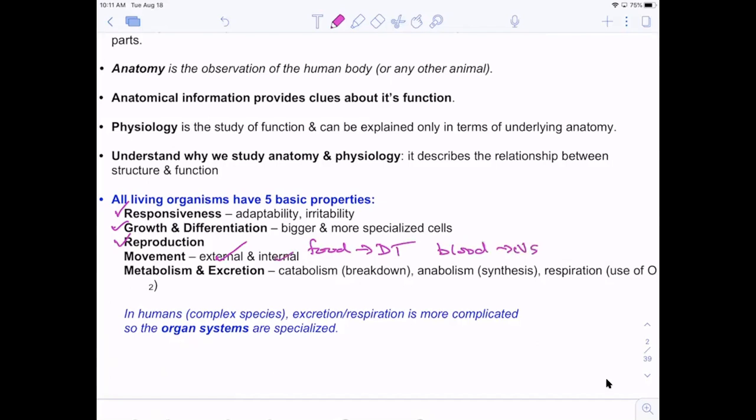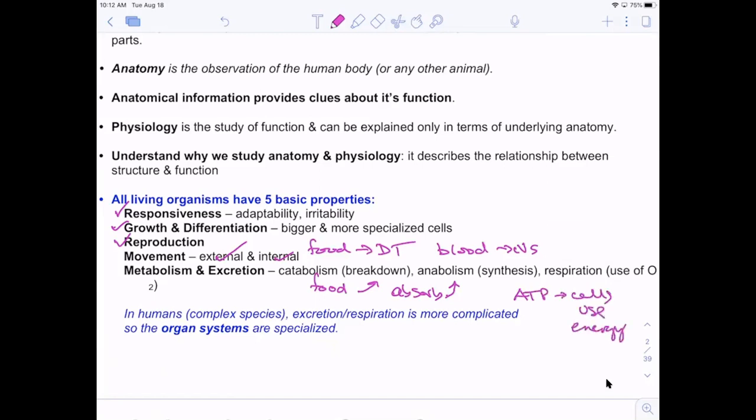Metabolism and excretion. Well, we need to take in food and then break down that food so we can absorb it into the bloodstream. And then we take those molecules that we absorb, like simple carbohydrates, and we build them back up into carbohydrate stores. And that term is anabolism. And then we use those stored carbohydrates eventually to produce ATP, which is what our cells use for energy.